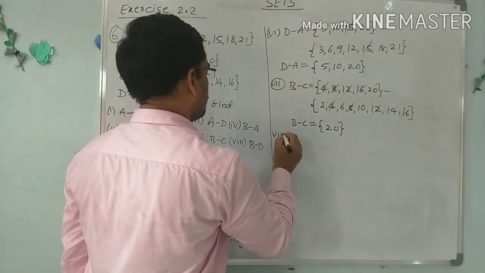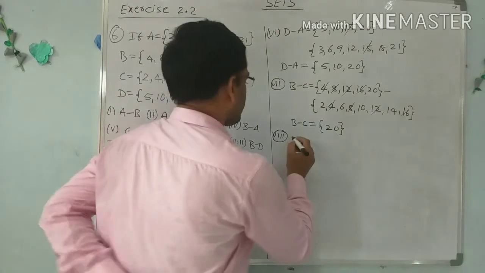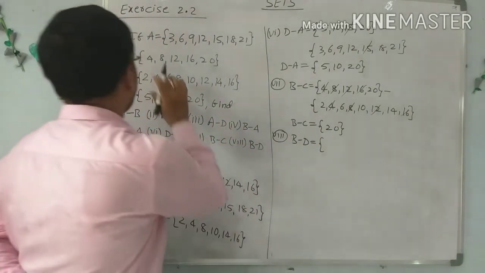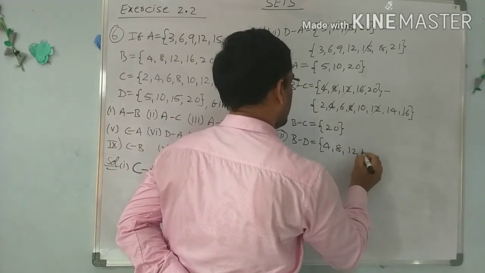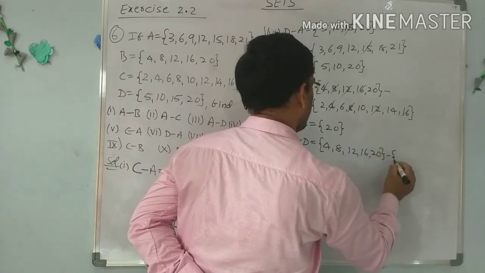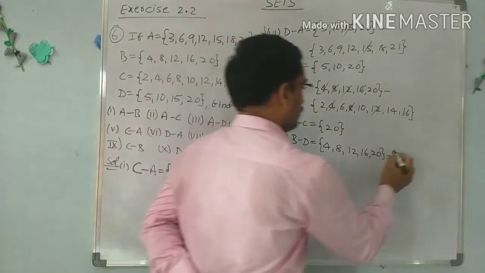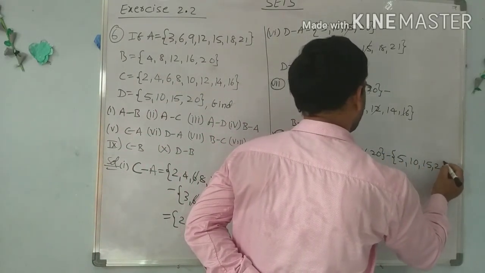Next, eighth problem, B minus D. Write the elements of set B: 4, 8, 12, 16, 20, minus elements of D: 5, 10, 15, 20.